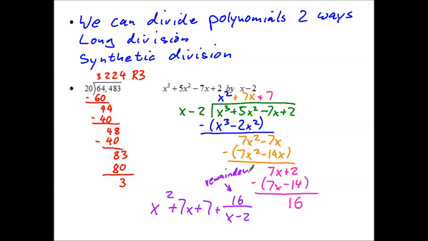Let's look at another example like this. Let's first set our operation up for long division. 3x to the fourth power minus 5x cubed. Please note that we do not have an x squared term in here, and we are going to put a 0x squared in here so we can continue with our operation.